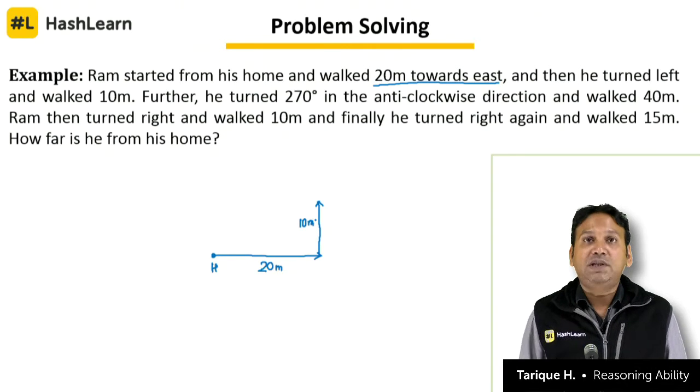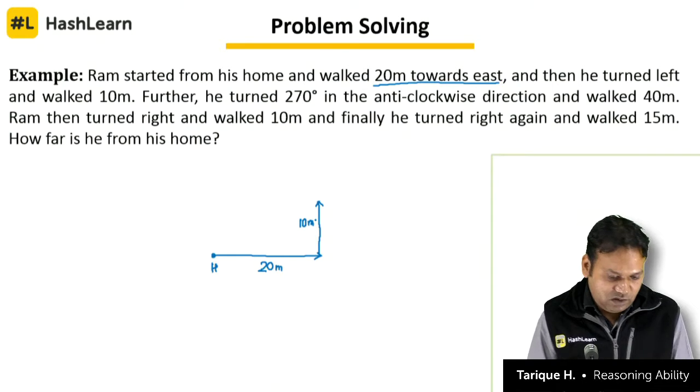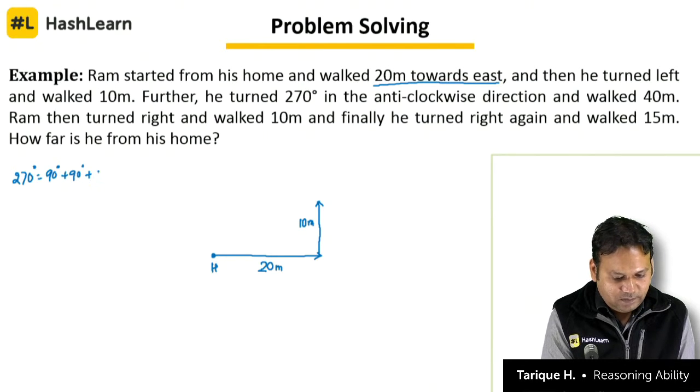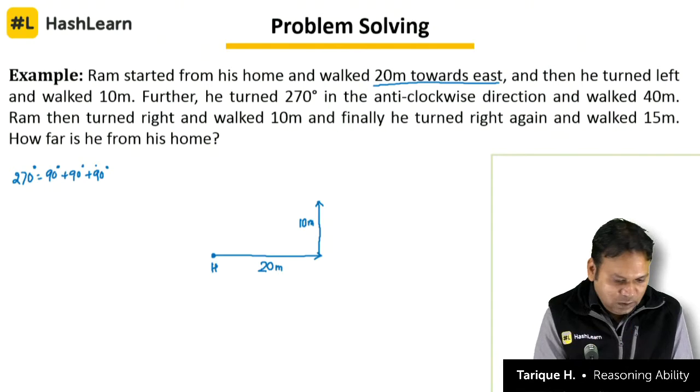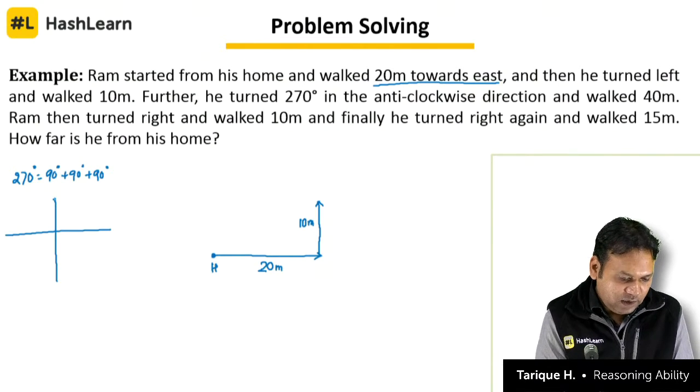Further, he turned 270 degrees in the anti-clockwise direction and walked 40 meters. So what do we mean by 270 degrees? 270 degrees means 90 plus 90 plus 90. Suppose someone is at this point, he turns 270, he goes 90, again 90 and 90, he will be going in this direction.